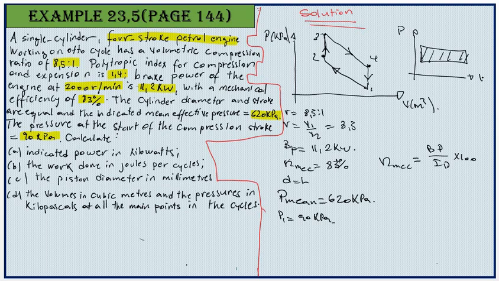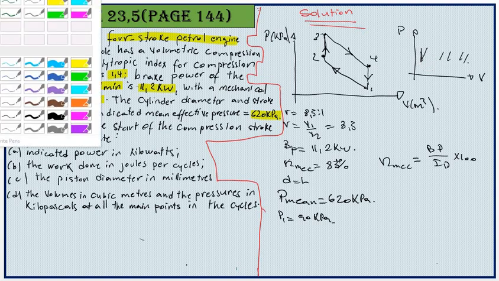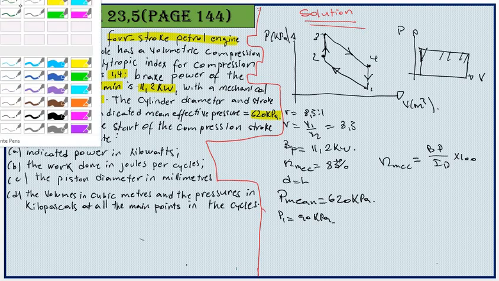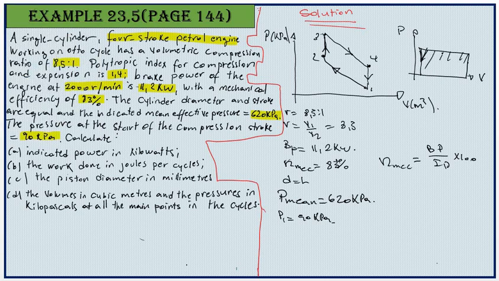So we have P and V. Here we need to extend all the way down. That is called the mean effective pressure. So the mean effective pressure is basically seen on a PV diagram.